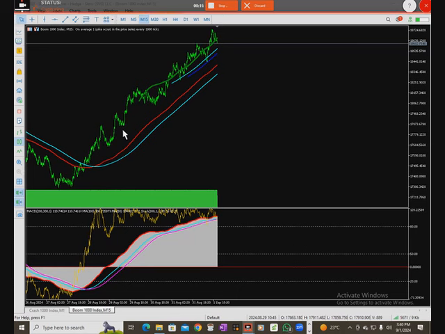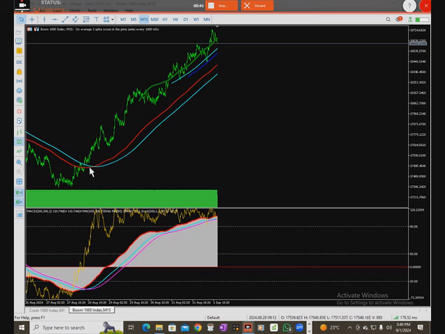Let us check my strategy that I'm willing to share with you. So here, our target is to trade the spikes, to go with the spikes.